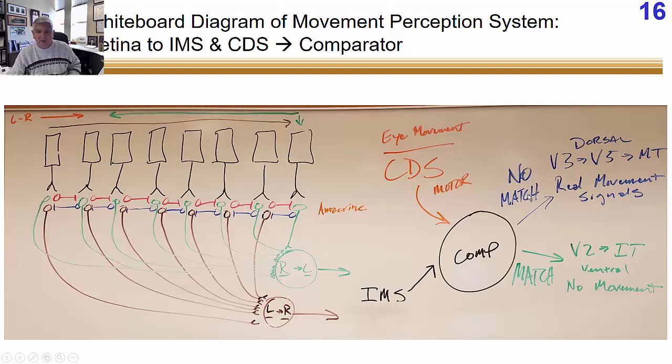If they don't match up, then that signal gets routed from the comparator through V1 through V3, V5, MT, and that's our dorsal stream, our movement processing stream. If they do match, however, that signals that there is no movement. Then the signals get routed from V1 into V2, V3, V4, IT for identification of that object, and we don't perceive that object as moving.